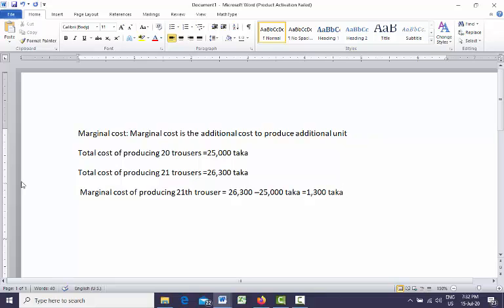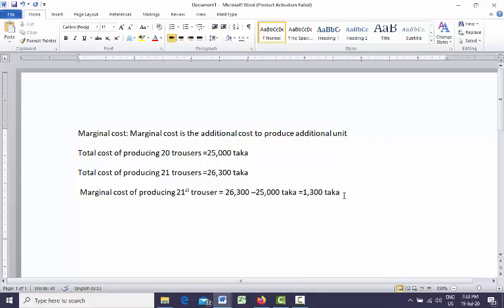So if you want to produce one more unit of trouser, you will need to pay an additional 1,300 taka. So that's the marginal cost of producing the 21st trouser.